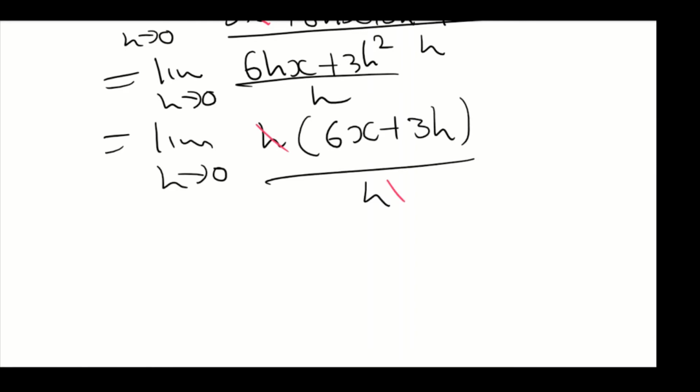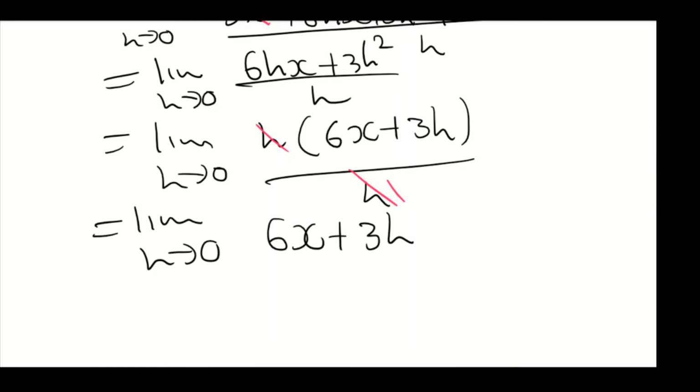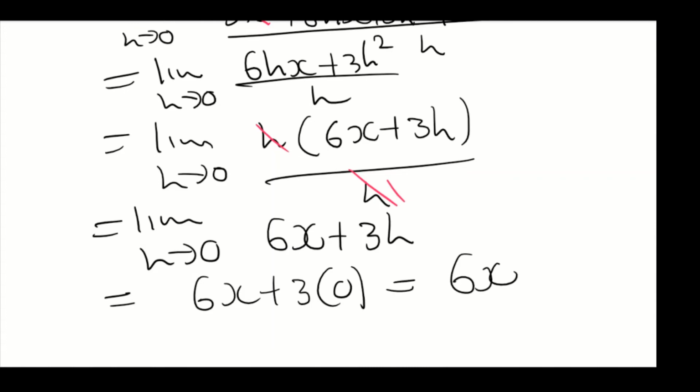Therefore the h divides out. We are left with the limit when h approaches 0 of 6x plus 3h. So we're going to substitute this h as 0, so it's going to be 6x plus 3 into 0. We'll be left with 6x. So this is the final answer of your derivative using first principles.